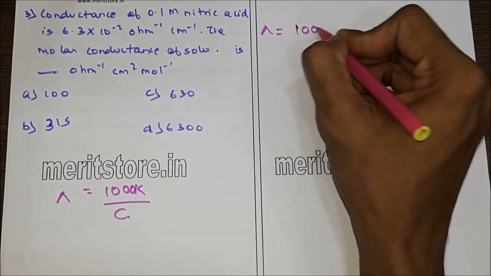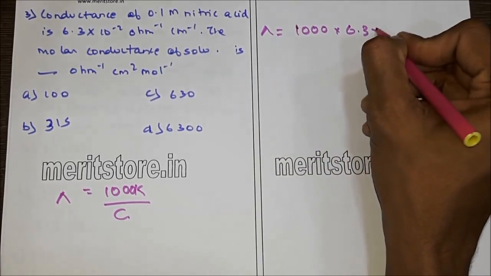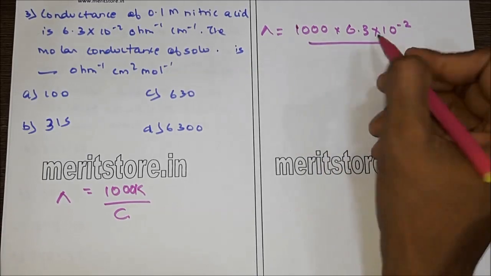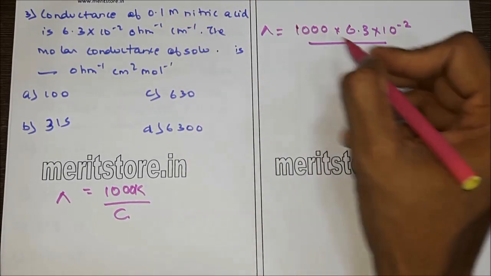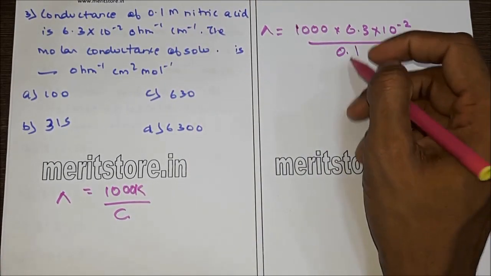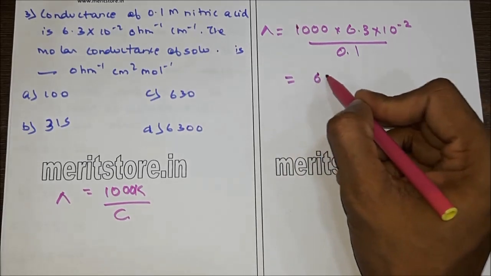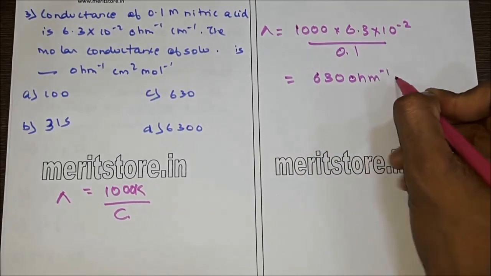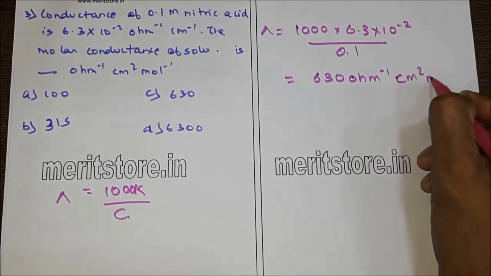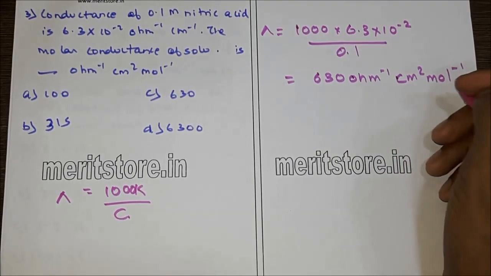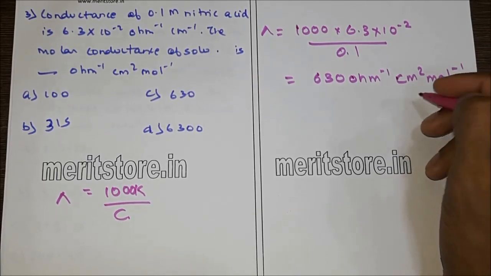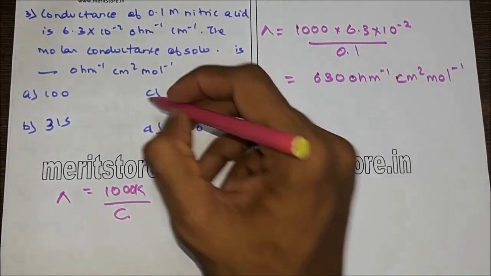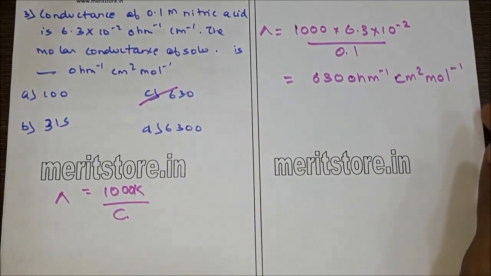We have K as 6.3 into 10 raised to minus 2 upon C, which is given as 0.1. Solving this, we get 630 per ohm centimeter square per mole. Our answer matches option C. Therefore, option C is the correct answer.